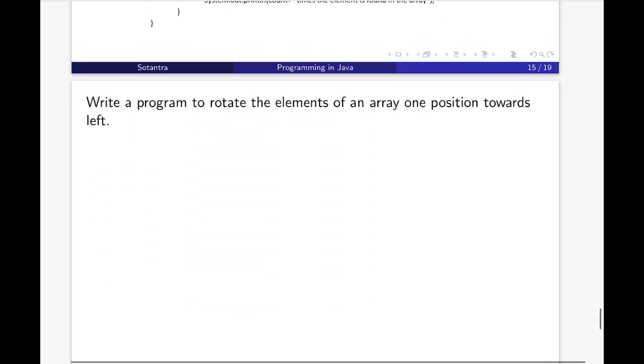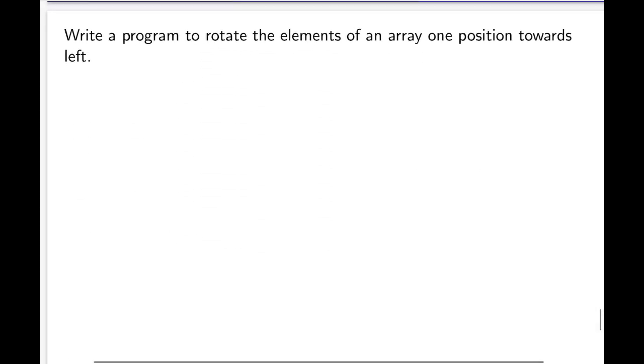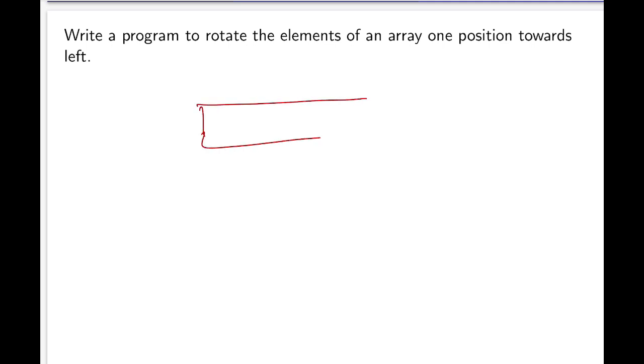Now move to the next one. Write a program to rotate the elements of an array one position towards left. So suppose the array is like this, ar, and assume it is 17, 13, 10, and the next element is suppose 5.